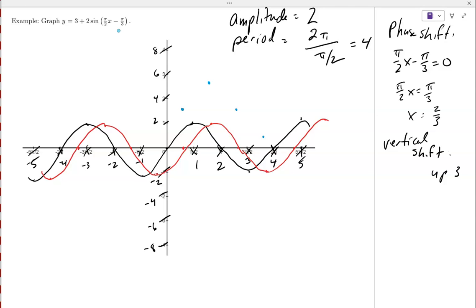Back to 2. This one 3, I should say, not 2. 5. 3. 1. And so on. And so that blue one that I'm drawing here would be your final graph.